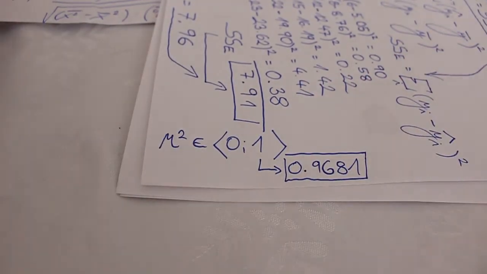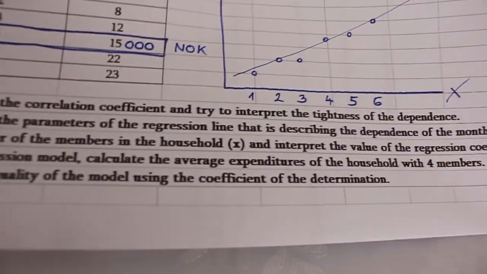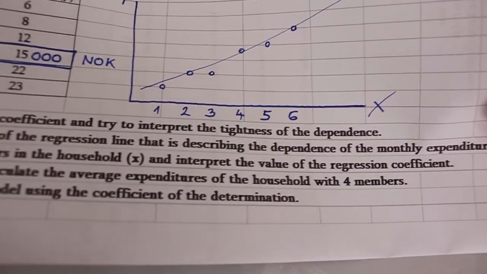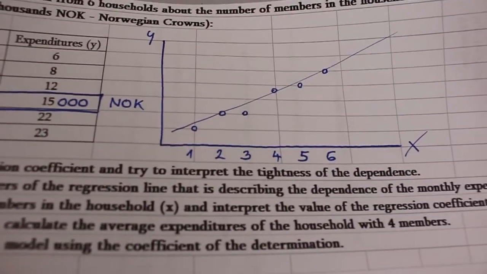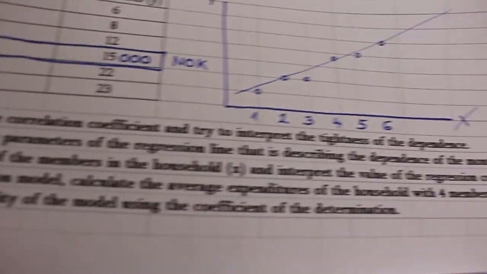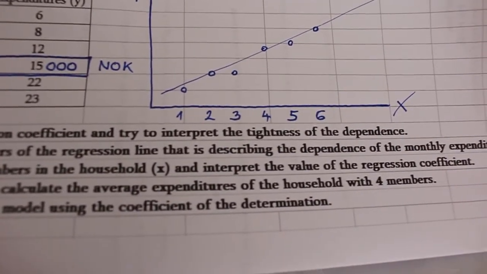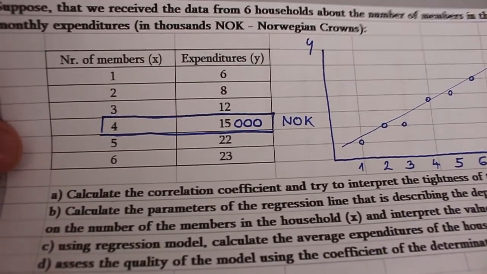And according to this question, assess the quality of the model using the coefficient of determination. According to this coefficient of determination, I can say that this model is good, because its r squared is close to 1.